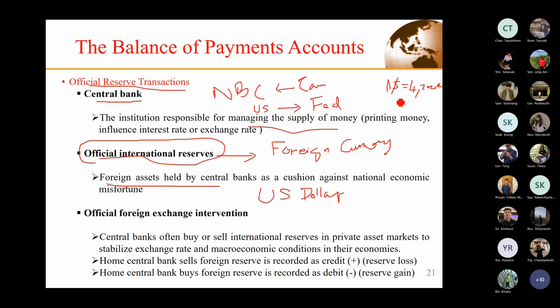You have to go to the bank or the money exchange market and pay 4,200 riel to get $1. That is the price for the US dollar, and that is the exchange rate.